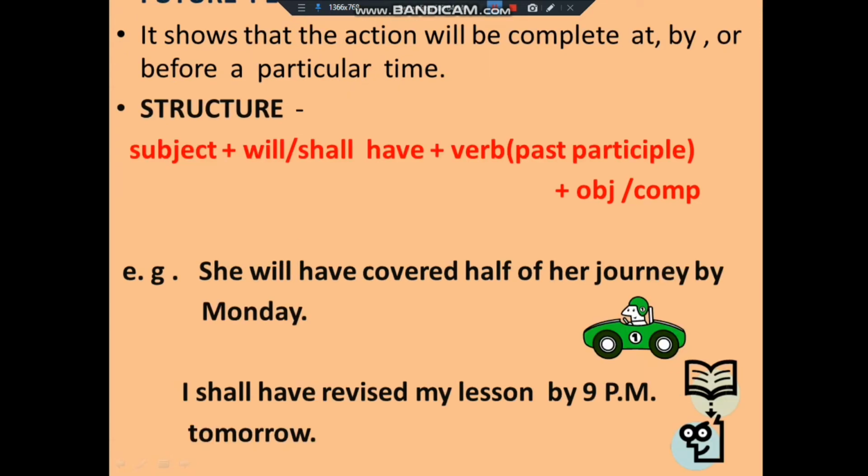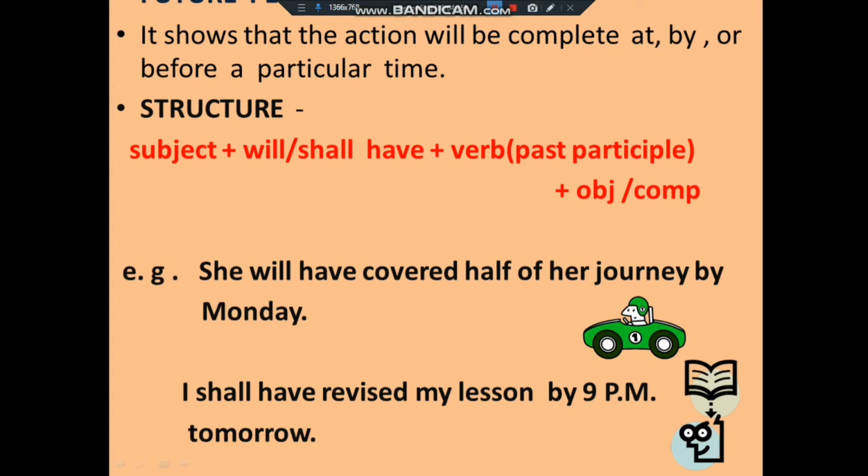Now future perfect tense. It shows that the action will be complete at, by or before a particular time. Again it shows a complete action but we are predicting about the future. In the future, before the certain time, the action will be complete.